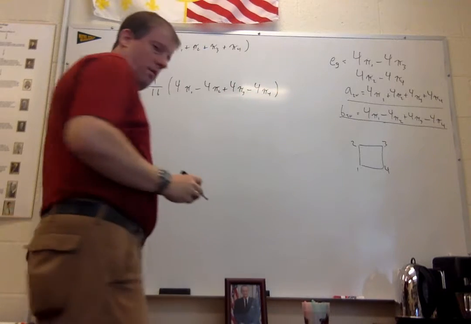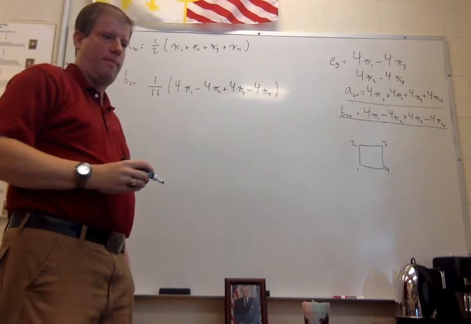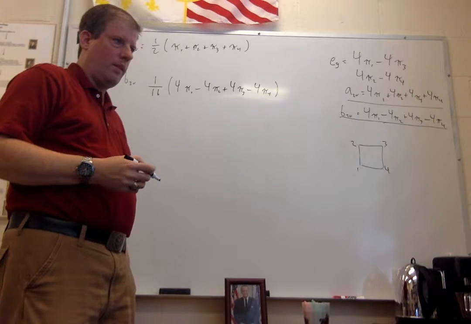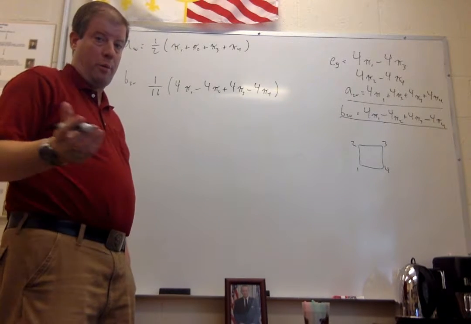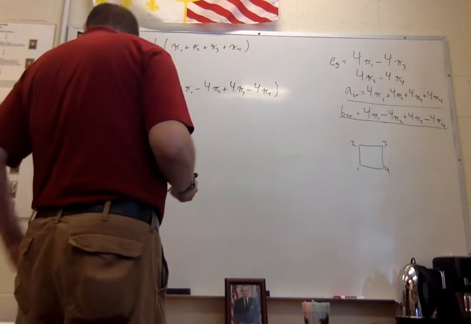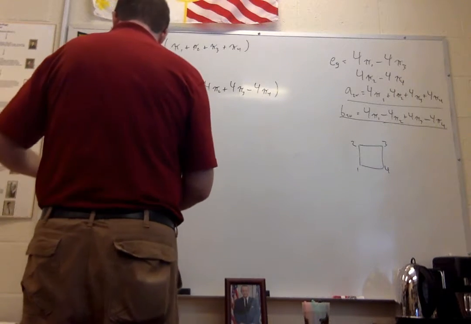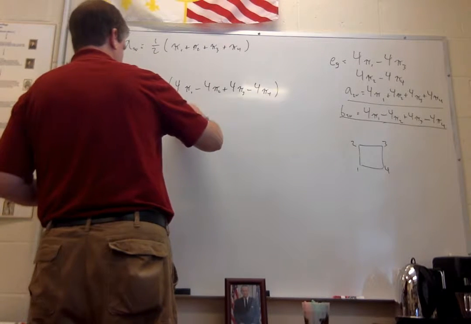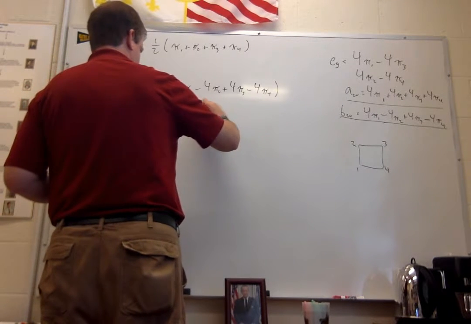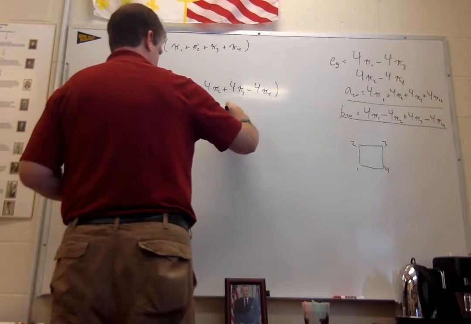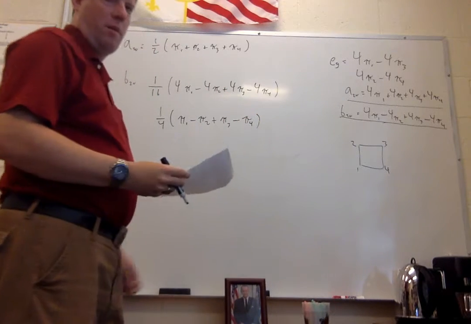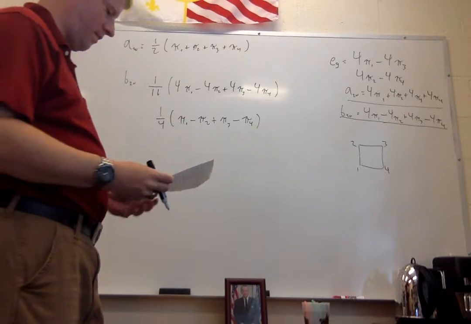All right. So then we're going to go through almost the exact same thing we did last time. This becomes 1/4 (pi 1 minus pi 2 plus pi 3 minus pi 4).